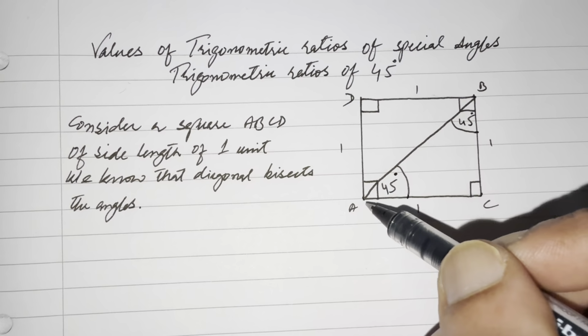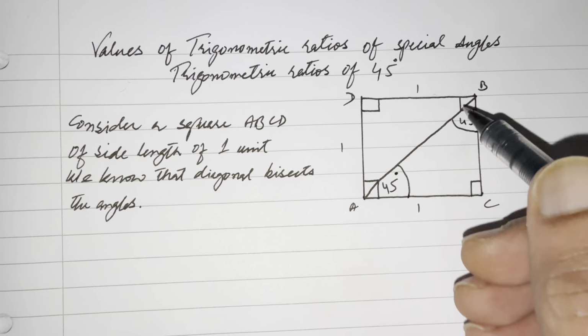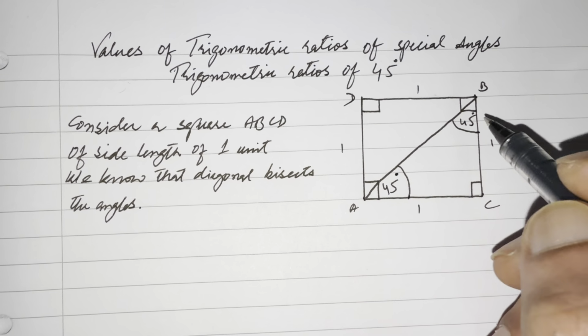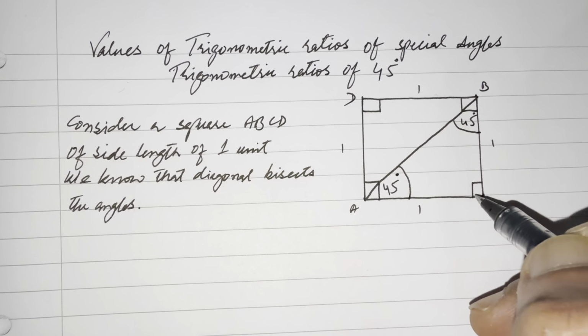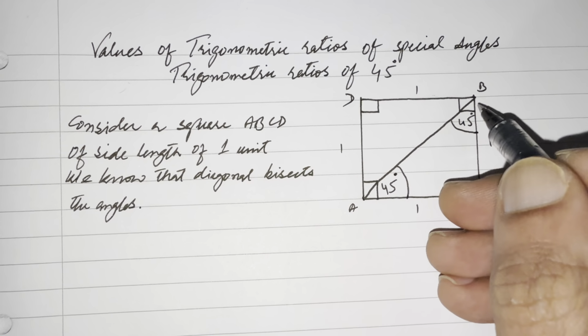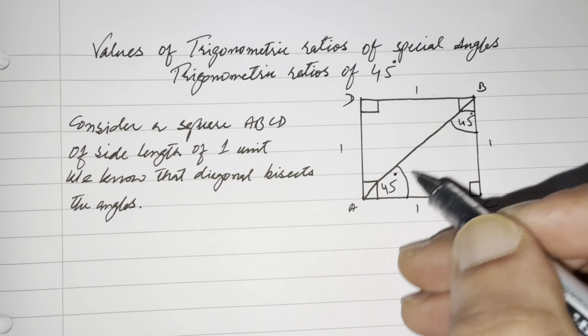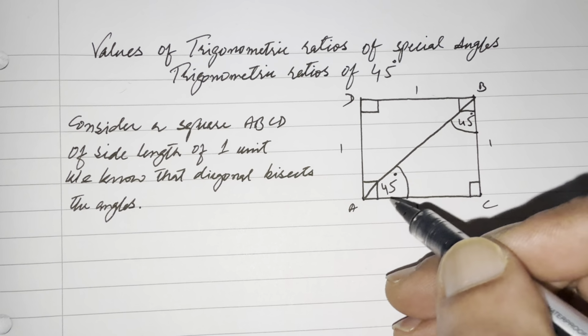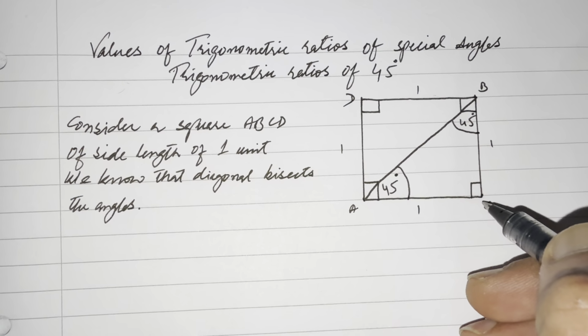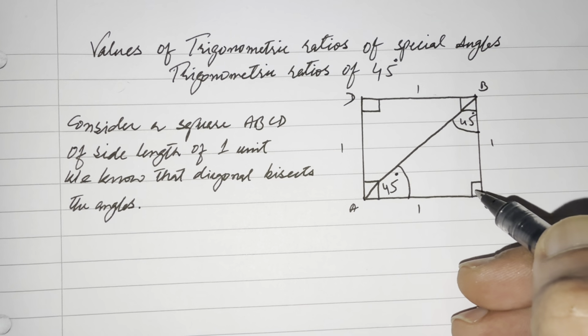If you see the right angle triangle ABC, in this triangle one angle is C, the right angle, and the other two will be 45 degrees. So A is 45 degrees, B is 45 degrees, and C is 90 degrees.